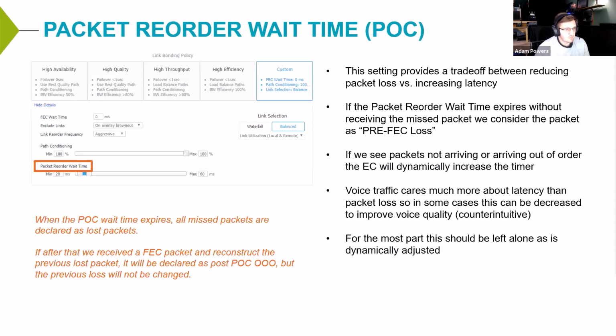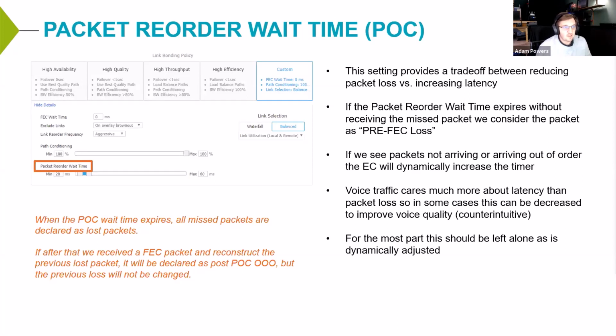You'll see large latency spikes when you drop packets. So you've got to be a little careful with this timer. The default, and what we've used for years and years, and which has worked in most cases, is 0 to 100. And if you look back at all the built-in modes like HA and HQ and HT, the packet reorder wait time for all those is 0 to 100.